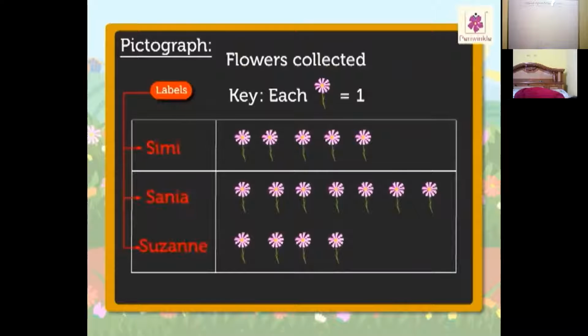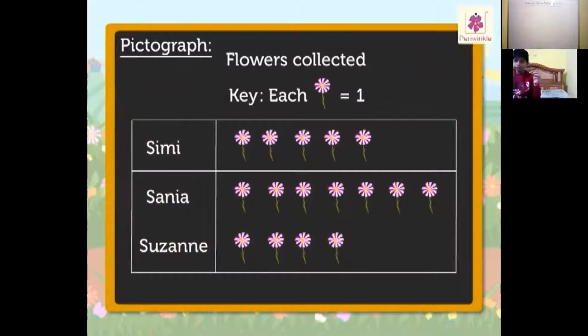Labels which tell us what kind of data is shown. 4. The key which tells us the number each picture is equal to. Now, let us see how we can read this pictograph of the flower farm example.